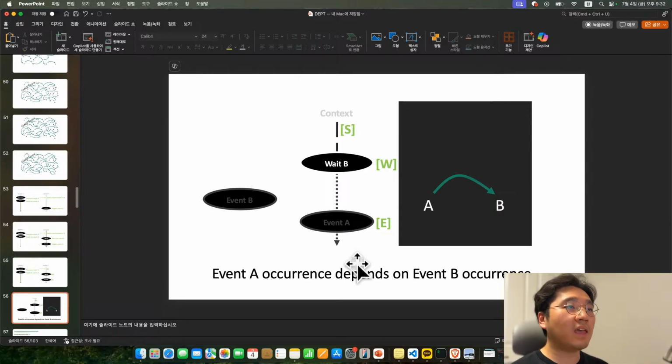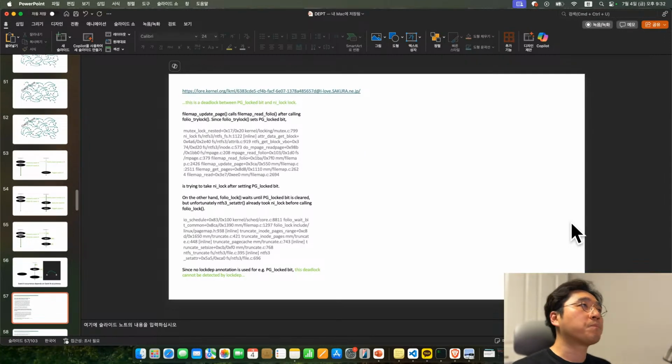So event A occurrence depends on event B occurrence, right? So this is the real detection from the DEPT findings. This deadlock cannot be detected by Lockdep, right?